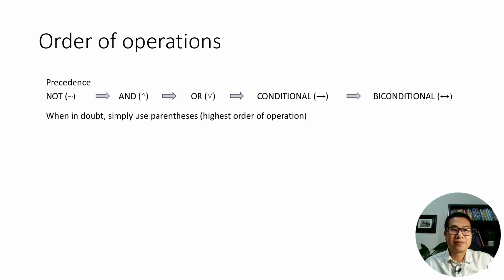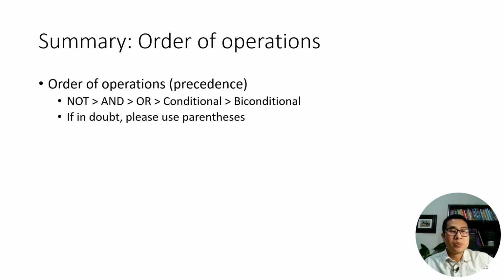But whenever in doubt, it's simple to use parentheses, with high precedence order of operation. So this is again the summary of what we should have learned from the previous slides in text form. And in the next part, we'll learn some other related terminology.